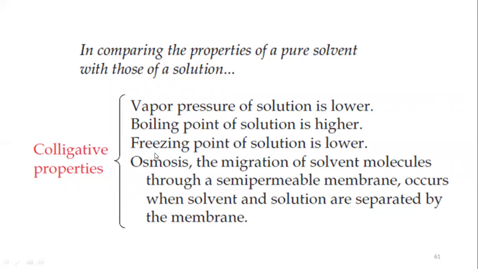Third, the freezing point of the solution is lower. And the fourth one is osmosis. Osmosis also depends on the concentration of the solutions. This is the migration of solvent molecules through a semi-permeable membrane, and occurs when solvent and solution are separated by the membrane.